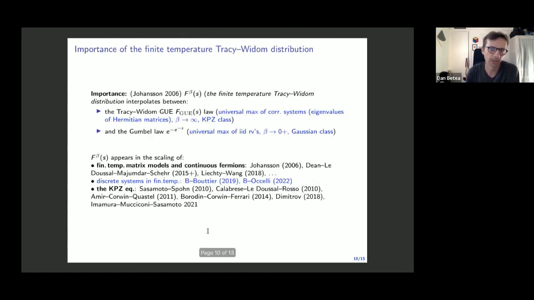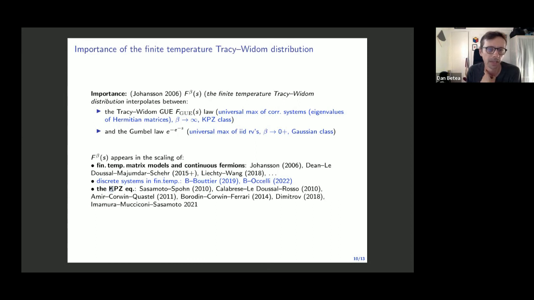And the Tracy Widom distribution in finite temperature is yet another distribution, somewhat universal, that interpolates between Gumbel and Tracy Widom as the temperature parameter goes to infinity or 0. And this Tracy Widom distribution appears in models of continuous fermions and matrix models.